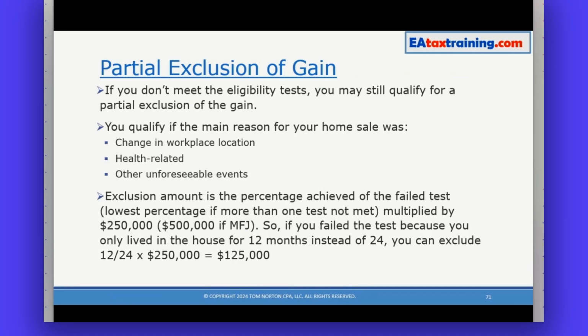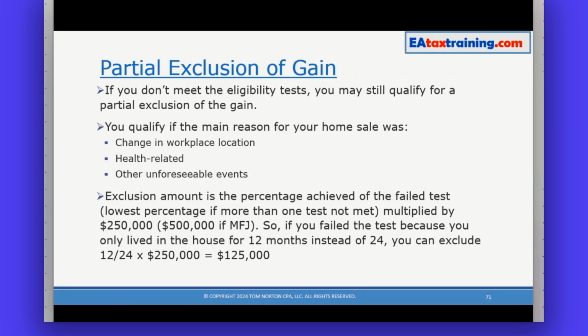It has to be health-related or from some other unforeseeable event. So if you sell your home for one of those reasons, then you might be eligible for a partial exclusion of the gain. The exclusion amount is the percentage achieved of the failed test multiplied by $250,000, or $500,000 if you're married filing jointly.